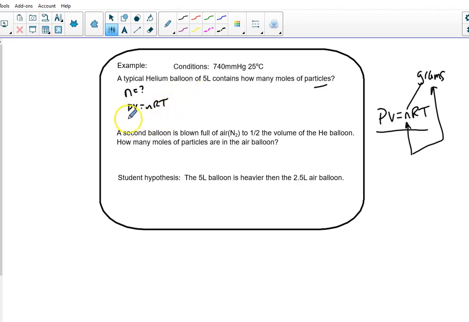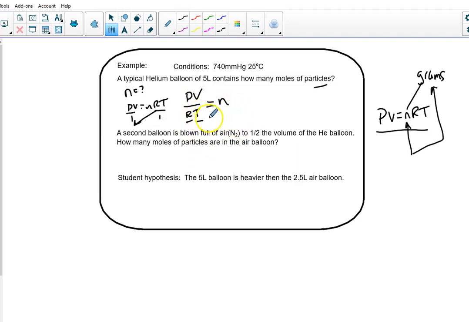Things move diagonally, remember, and do not trap your variable on the bottom, which is not a problem here, but this is just going to move these down there. So it's going to be PV over RT equals n. Even after doing this in all of honors chemistry, kids still screw things up, meaning they grab the wrong R, they grab the wrong T. Those are the two main ones.